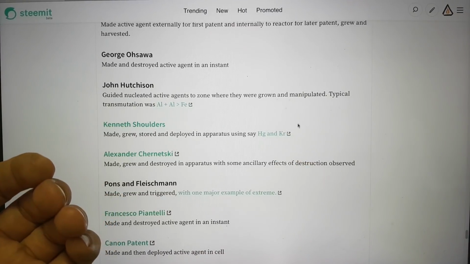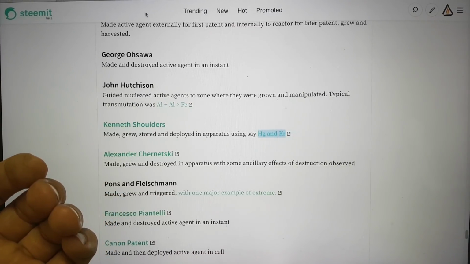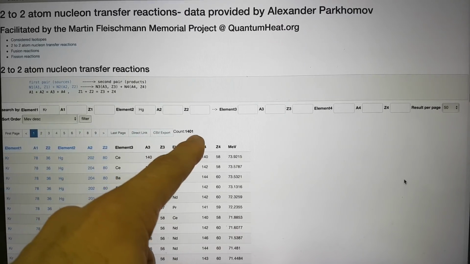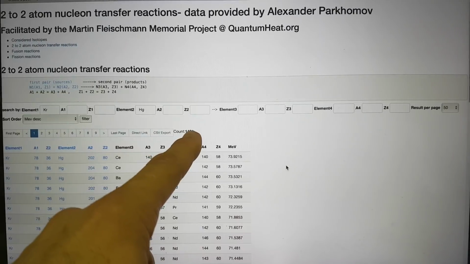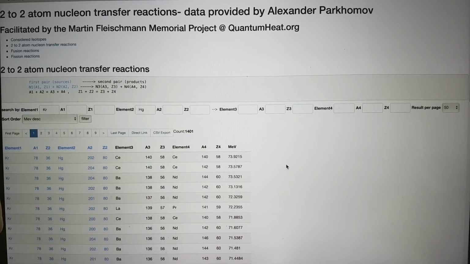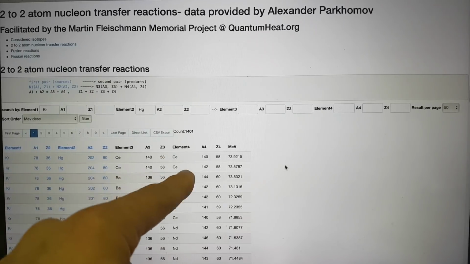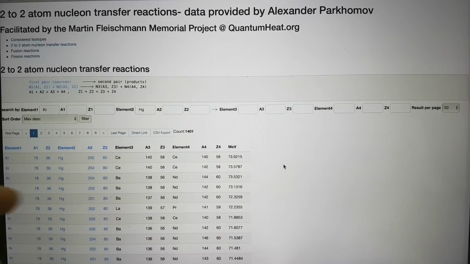Mercury and krypton, let's have a look at that. So, mercury and krypton, in this particular configuration, there are 1,401 potential reactions. Mercury, krypton, cerium, cerium, cerium, cerium, barium, neodymium, and so on.